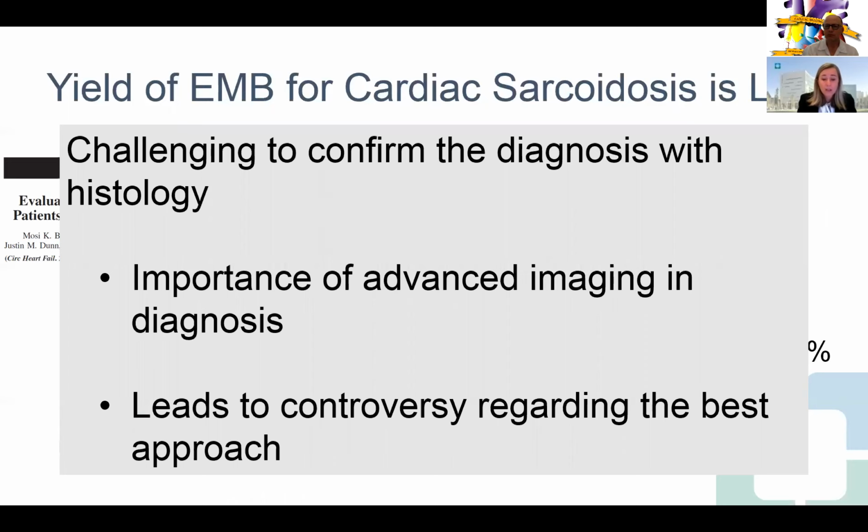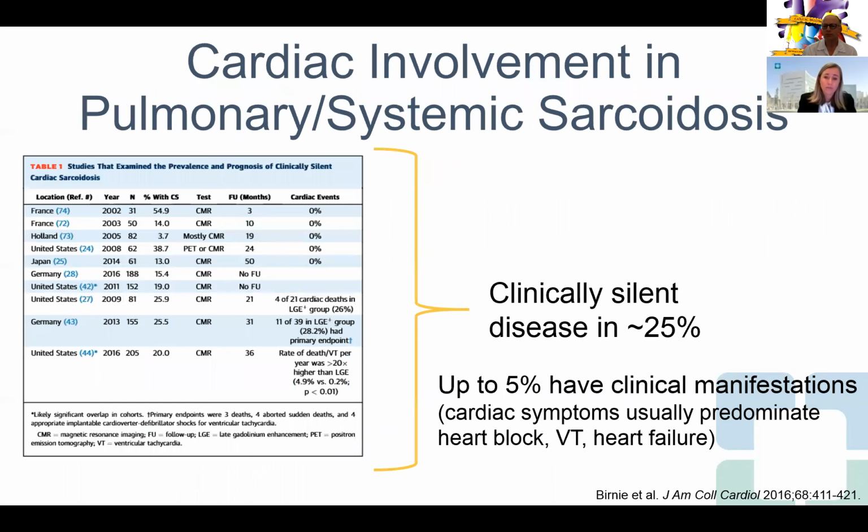And there has been, as I'm sure you would appreciate, some controversy regarding the best approach. So when we think about cardiac sarcoidosis in the setting of pulmonary or systemic sarcoidosis, for most patients, it's a clinically silent disease manifesting in only about 25% of patients. But as I remind most of my patients, in only 5% of that group will we see clinical manifestations.